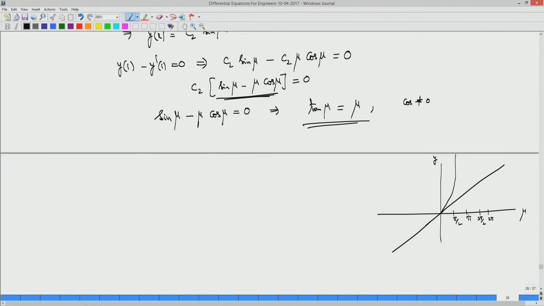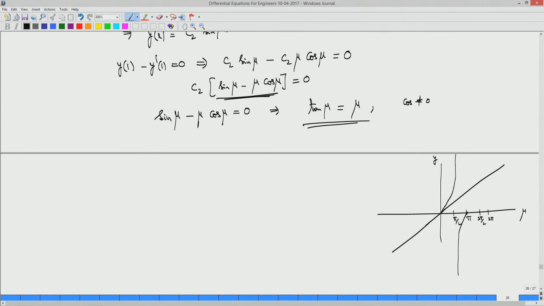What is the other value? That is tan pi, which is sin pi by cos pi, so that is 0. It should be 0 here, and on the negative side of pi by 2 it should go asymptotically to minus infinity.